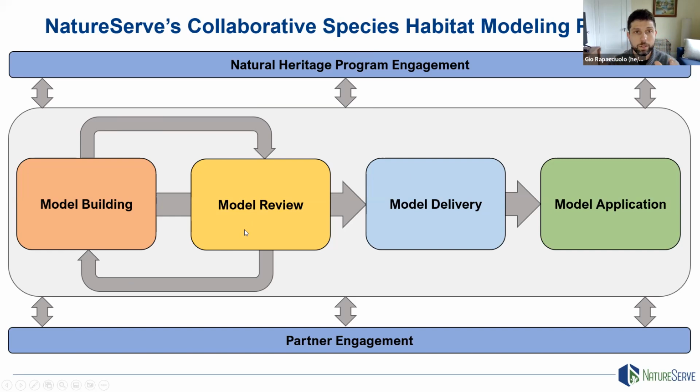Essentially, what we've built is a system for collaborative peer review of model outputs that takes something that is quite widely used and commonly done, a statistical model of the distribution of habitat of a species, but then takes it much, much further and uses it as sort of a catalyst for peer review and soliciting expertise from people around the NatureServe network and beyond.